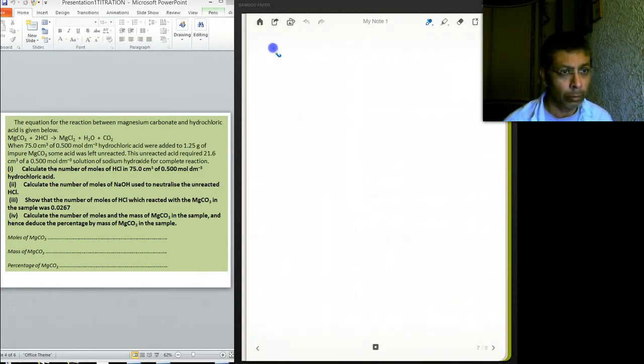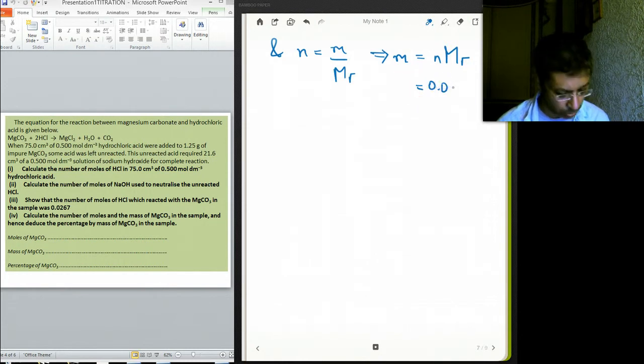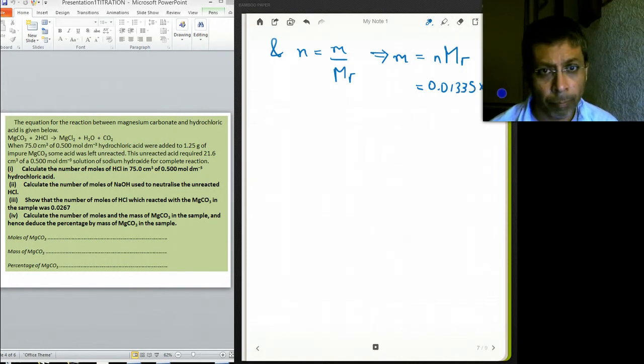Let's go to the next page. n equals m over Mr. We want little m equals n times Mr, which is equal to 0.01335 times 84.